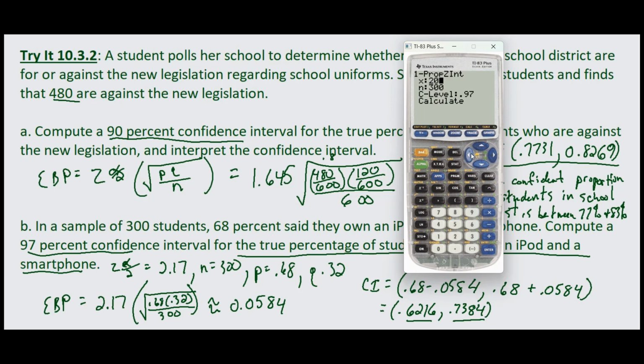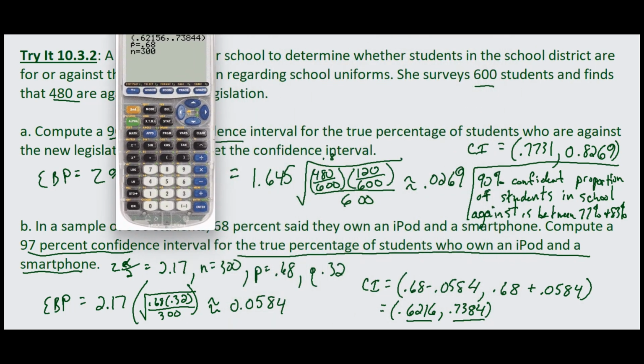You could also put in here 0.68 times 300. Hit enter, it will give you the 204. Our sample size is 300. Confidence level is 97. Hit calculate, and we do verify we get 0.6216 and 0.7384.